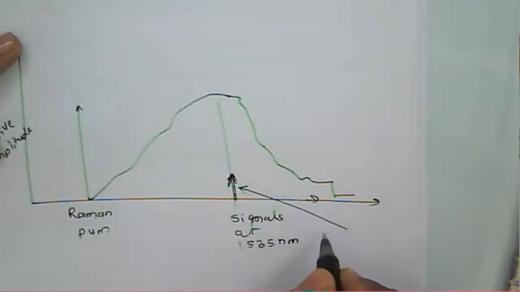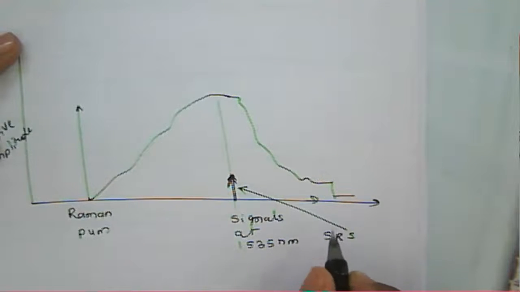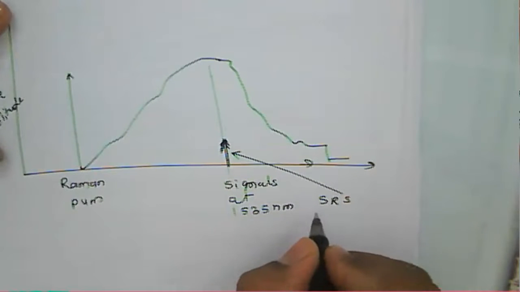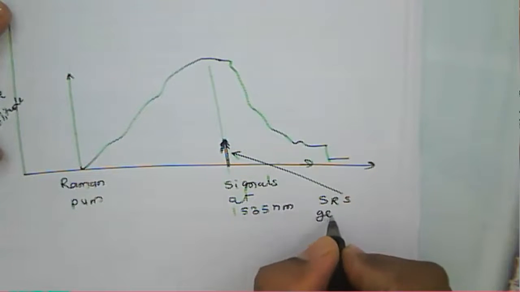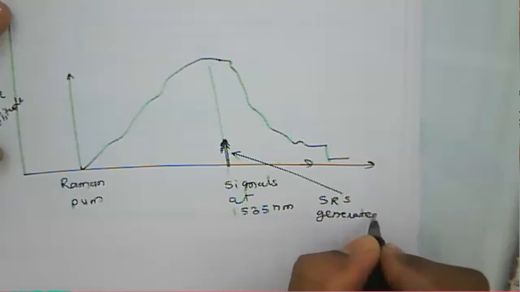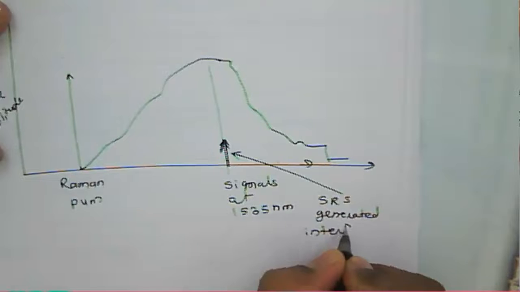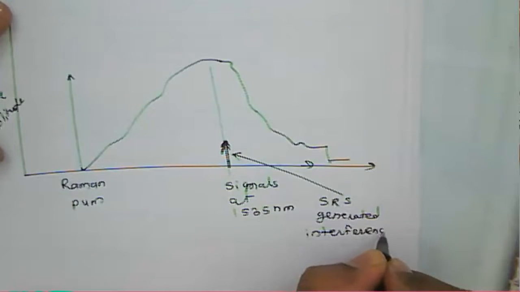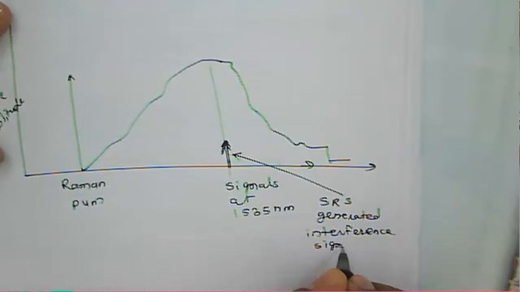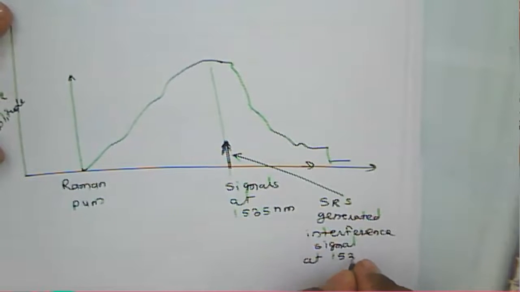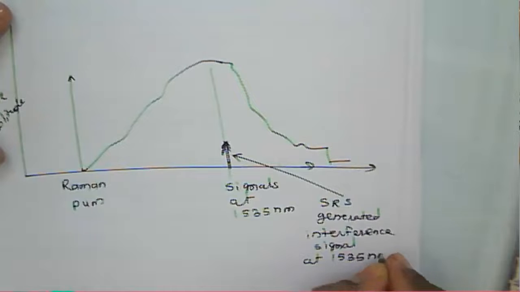This one is about SRS, the stimulated Raman scattering. SRS generated interference signal at 1535 nanometer.